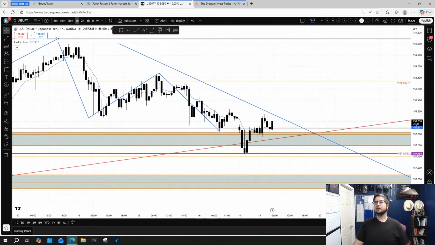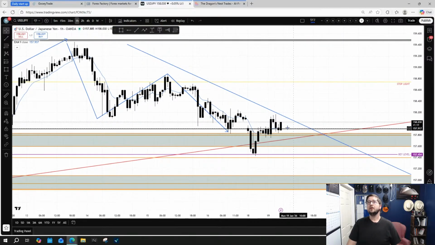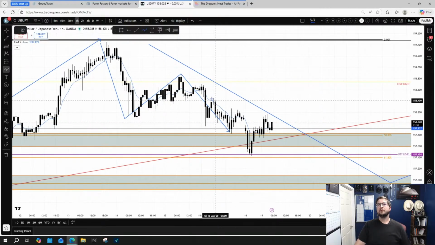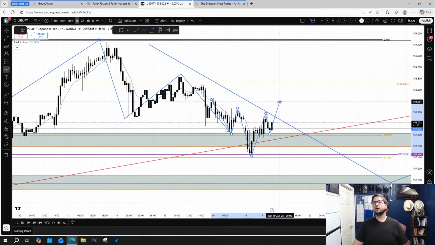Ideally, I would want a higher low to form before I got in. And right here, we kind of have one starting to form off the 1 hour. So if we're just pinpointing market structure, we had this high, this low, this lower high, this lower low, and now we have this lower high that was formed here. And we kind of got this pivotal higher low forming, and then a bullish engulfing bar started.